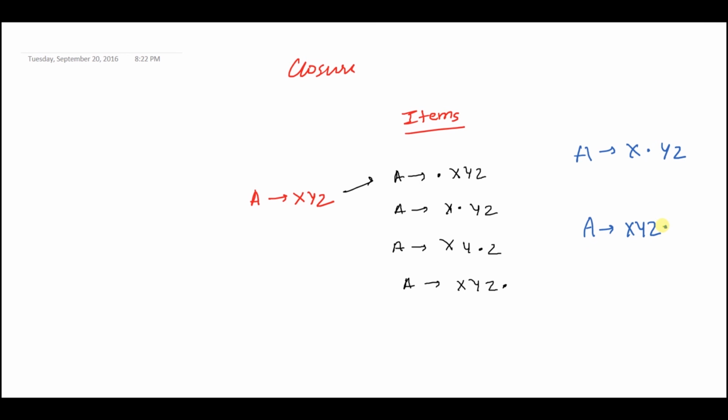We have seen the body XYZ and now it is safe to reduce XYZ to A, is what this production means. And also for productions like A gives alpha dot B gamma, keep in mind, whenever I am considering this, I also need to consider all the productions of B, since the dot is before B.